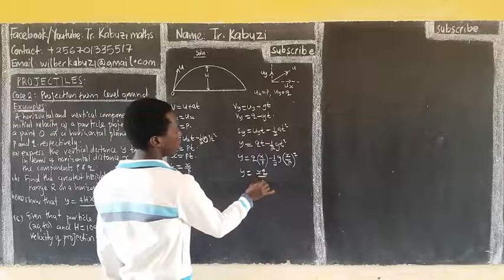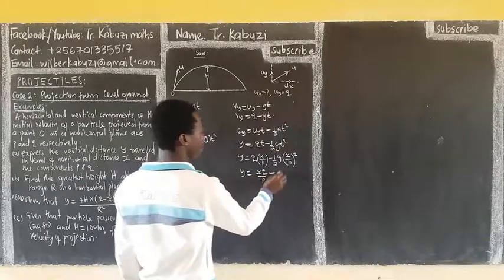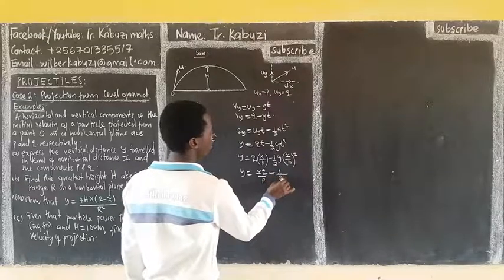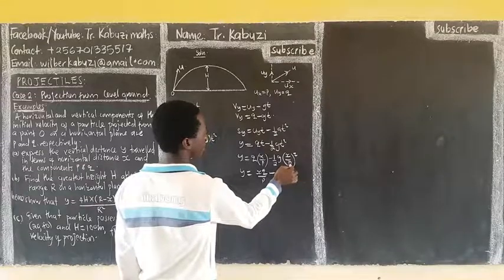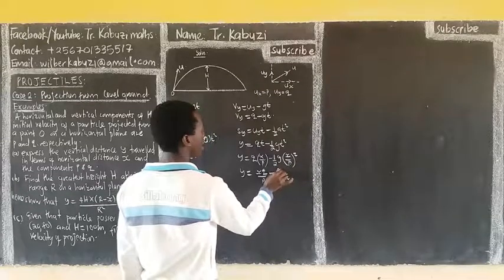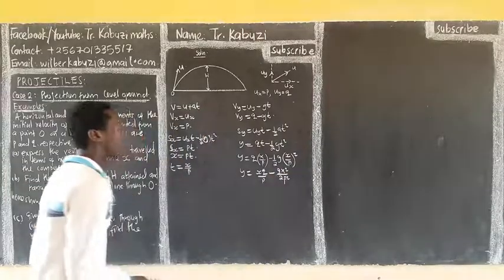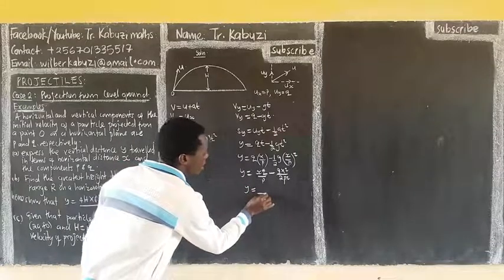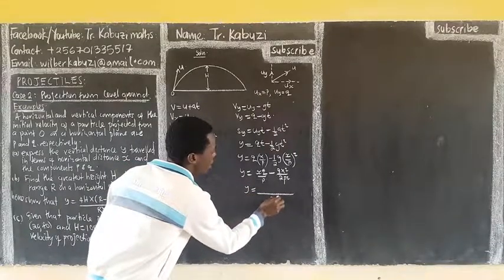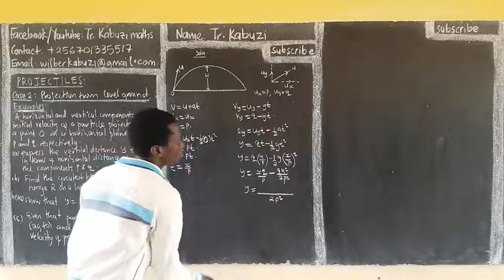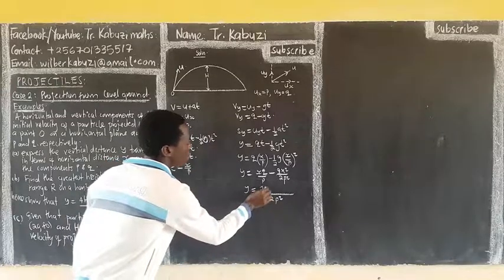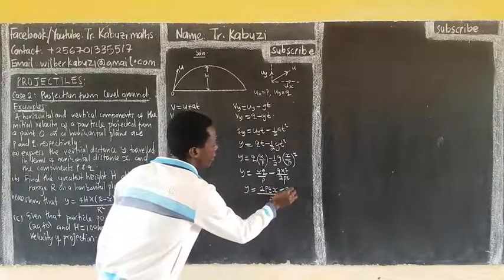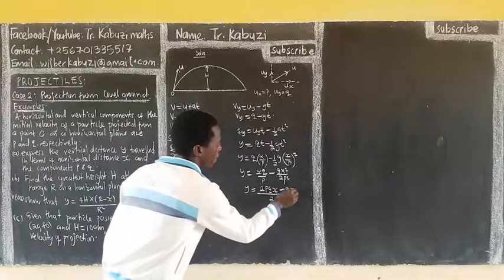So from there, our Y is going to be XQ over P, then minus a half g X squared over P squared. Taking the LCM, which is 2P squared, our Y will be 2PQX minus gX squared, all over 2P squared.